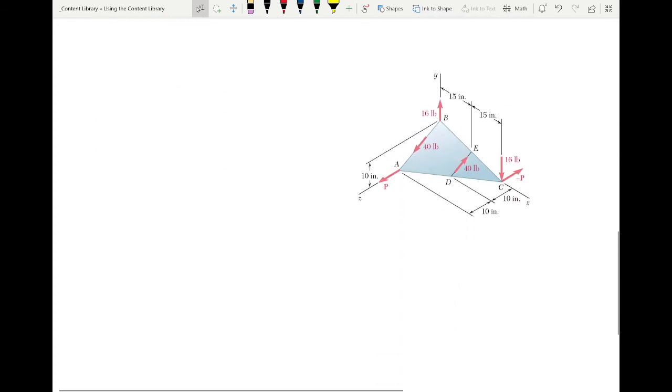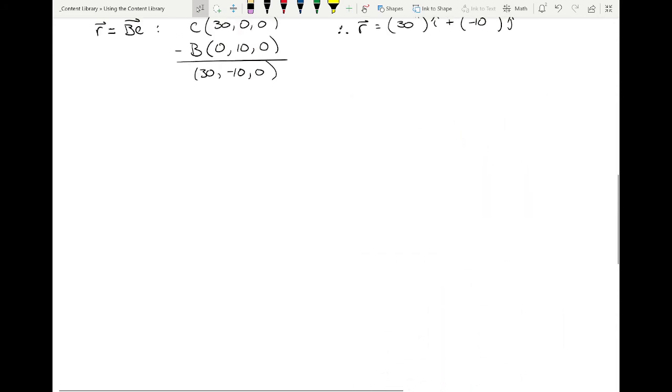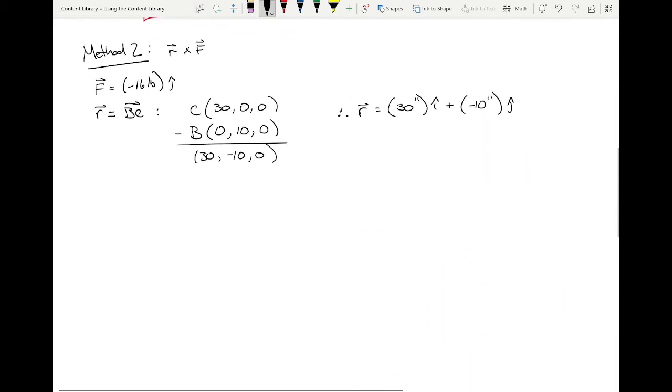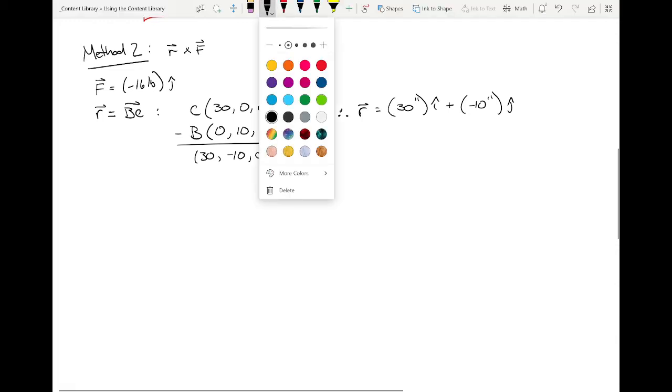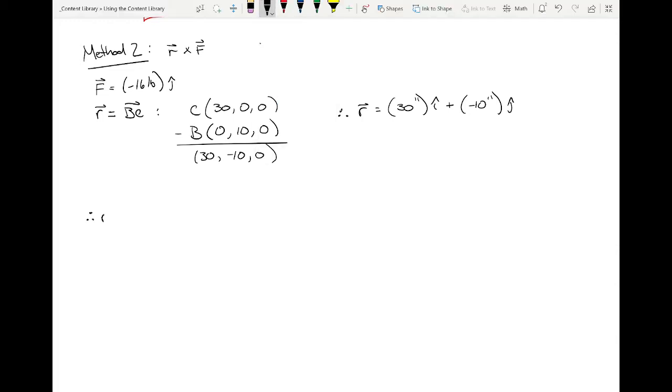Again, I'm going to drag this down. Sorry. So let's do R cross F. So ijk for the r vector, 30, -10, 0. And then for the f vector, 0, -16, 0. Okay? So again, the f vector just has a term in the j direction, right? And then r has i and j, no k's.